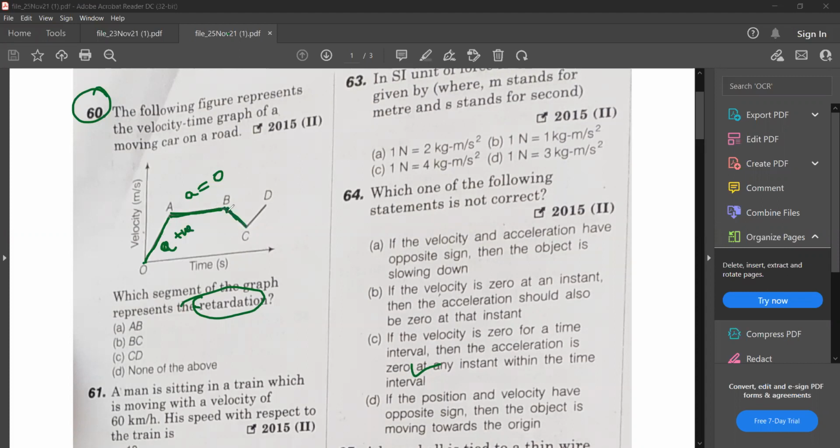Here what is happening? Velocity is reducing. That means here retardation, isn't it? Velocity is coming down. Then again velocity is increasing, so it is acceleration. Retardation is negative acceleration, and that is happening in the region BC. So here the answer is BC, option B.